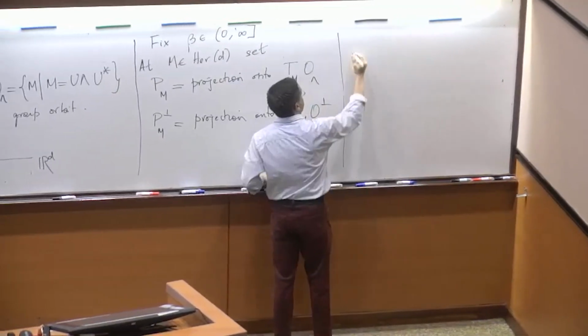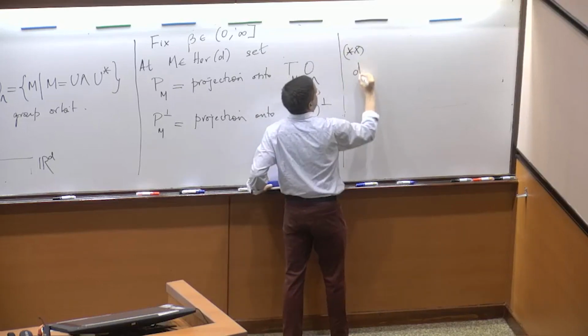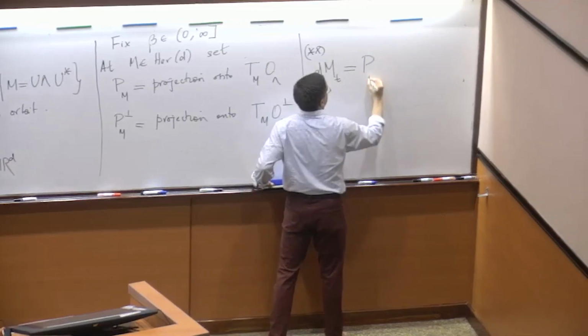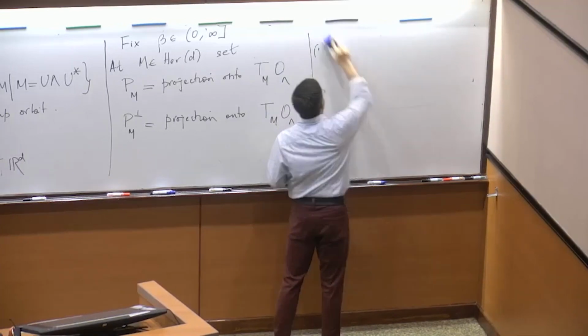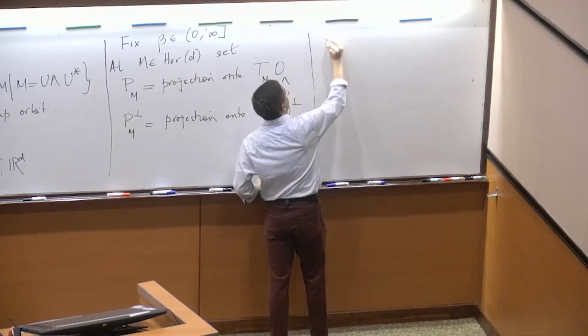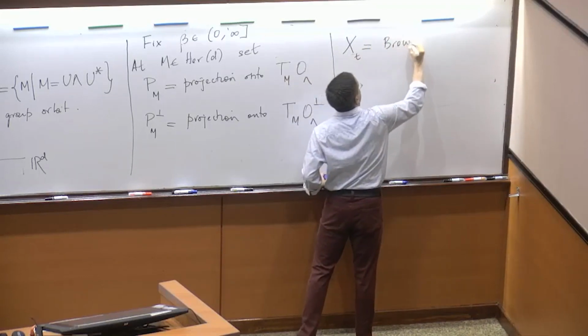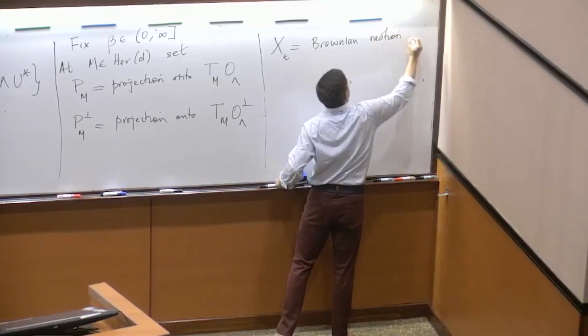So let's call it star star. The SDE I'm going to write out is dM_t equal to projection at M_t. Okay, so now I need a diffusion to begin with. So let's say X_t is equal to Brownian motion in the space of Hermitian matrices.